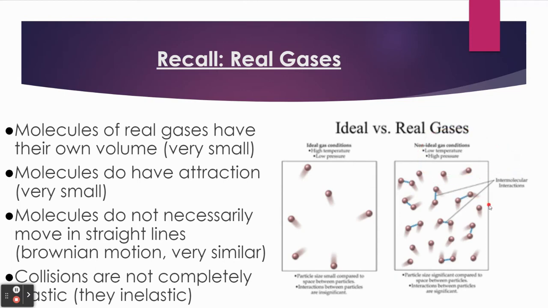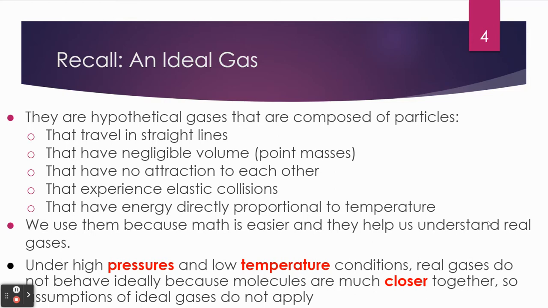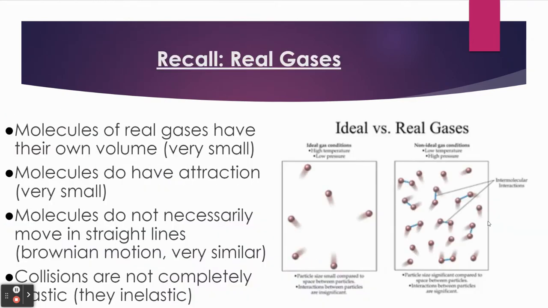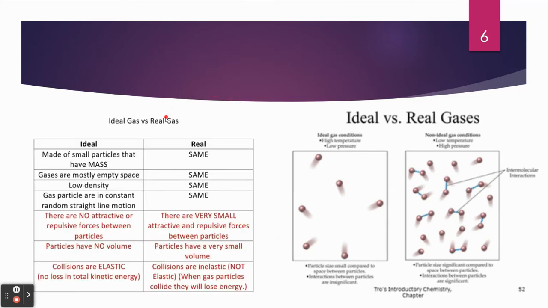Because it's very similar, we can just assume that they travel in straight lines. And the collisions, in reality, are not completely elastic. They're actually inelastic collisions, but it's such a small amount of energy that's lost that we can pretend they're elastic. So our ideal gas assumptions will work for real gases because all these things are super small anyways.